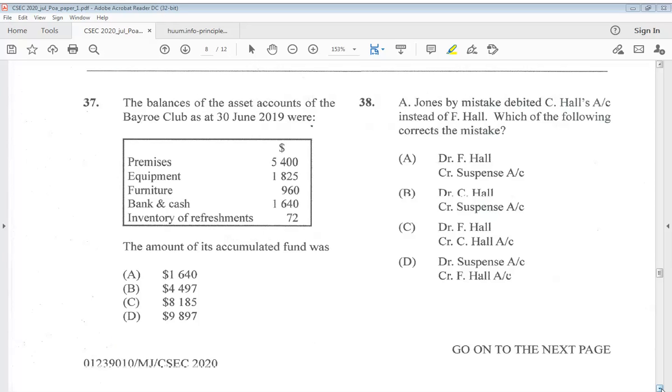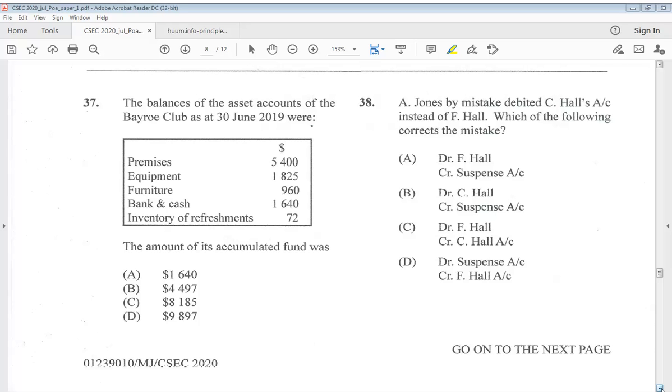The balances of the asset accounts of the Bay Row Club as at 30th of June 2019 were premises $5,400, equipment $1,825, furniture $960, bank and cash $1,640, inventory of refreshments $72.